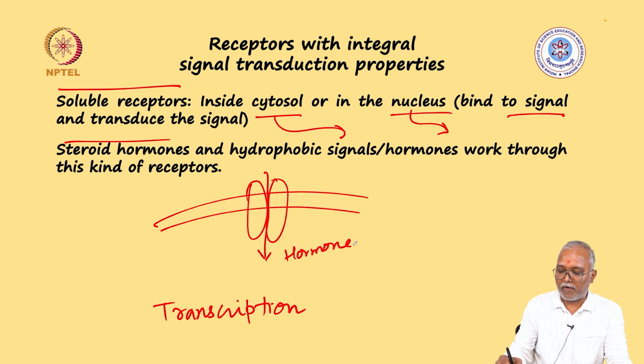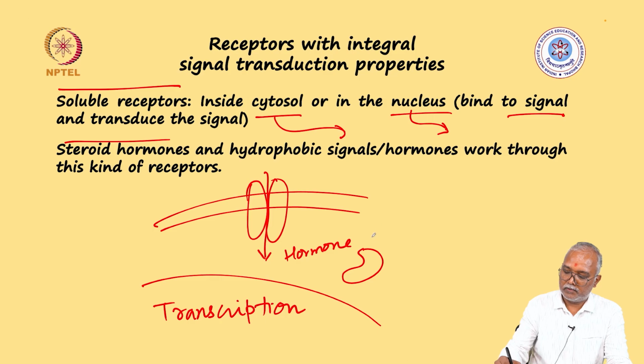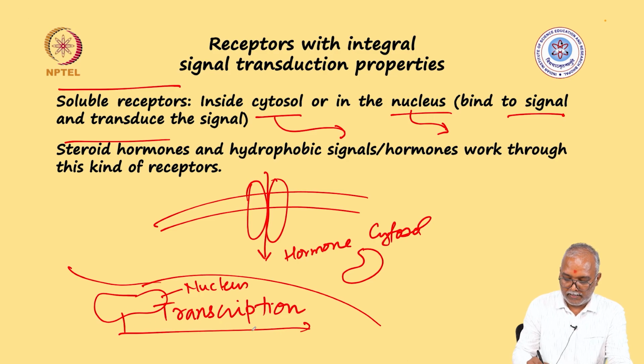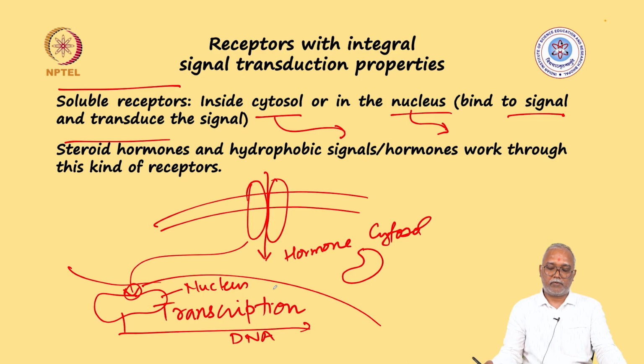Such a hormone should find a receptor either in the cytosol, or the receptor is present in the nucleus, bound to DNA elements but inactive. The binding of this hormone or bioactive molecule allows this to be active and transcription is followed.